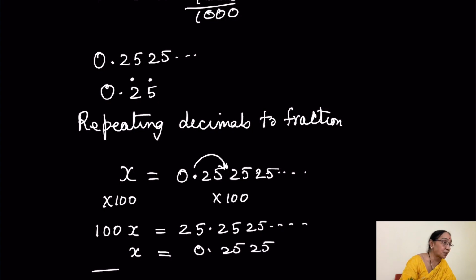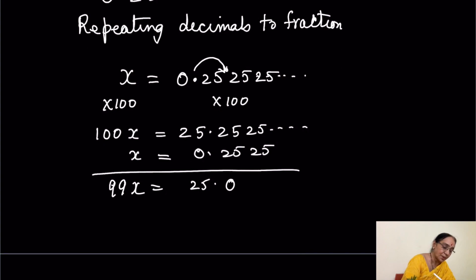So when you subtract, what do you get? 100x minus x, 99x is equal to, now you will notice that the decimal part vanishes. You just get 0 after the decimal point and you are left with 25. So 99x is 25. So x will be 25 divided by 99 on both sides.